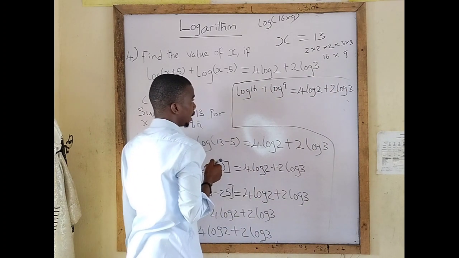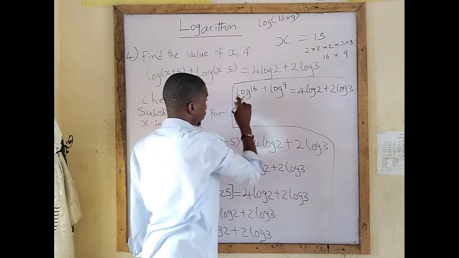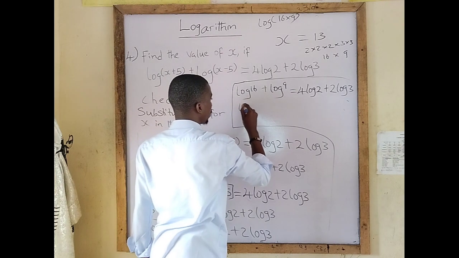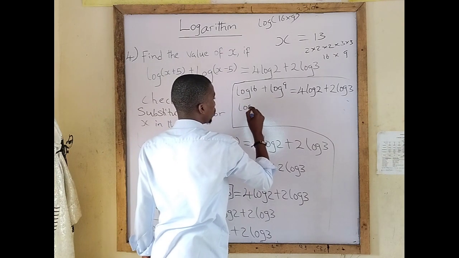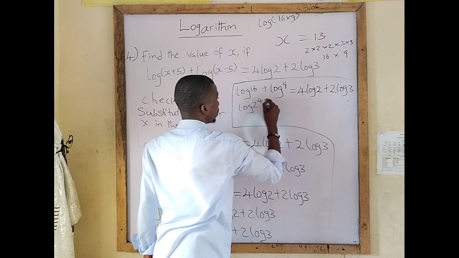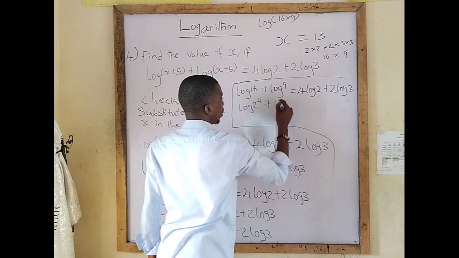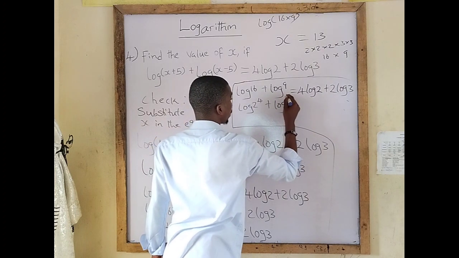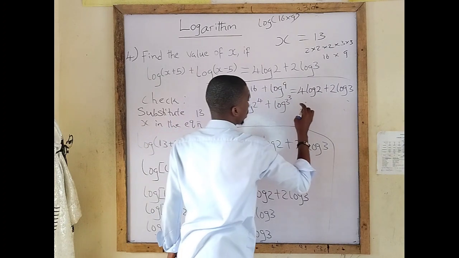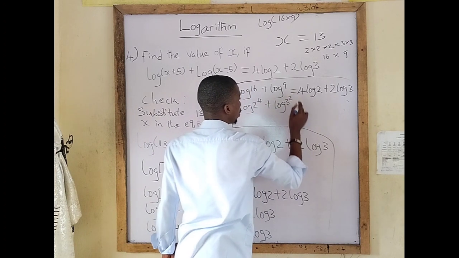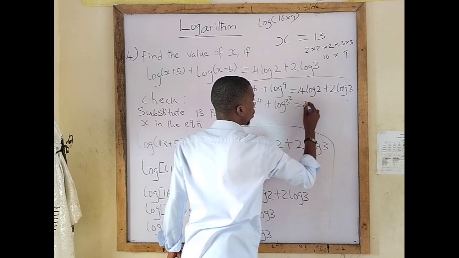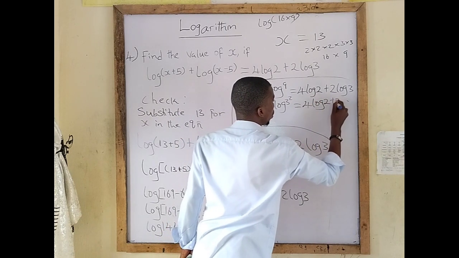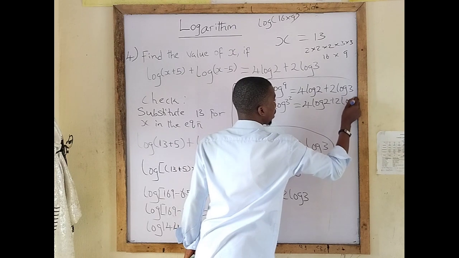All right, and if we write this in index form, log 16 in index form is log 2 raised to the power 4 plus log, writing 9 in its index form, that is 3 raised to the power of 2. Okay, this is equal to 4 log 2 plus 2 log 3.